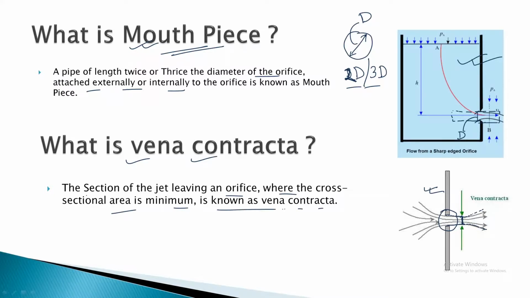So when the water is leaving, at that portion where the area of cross section of the jet is minimum, that section is called the vena contracta. Definitely, when you determine the velocity, at this portion the velocity will be maximum, right? So we will determine the velocity at this point, that is vena contracta.